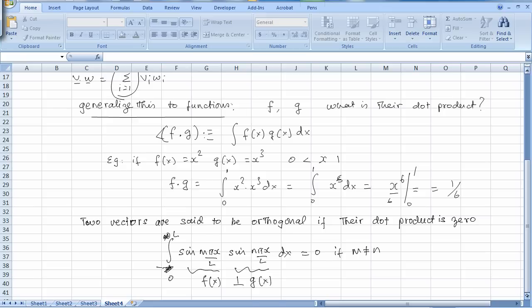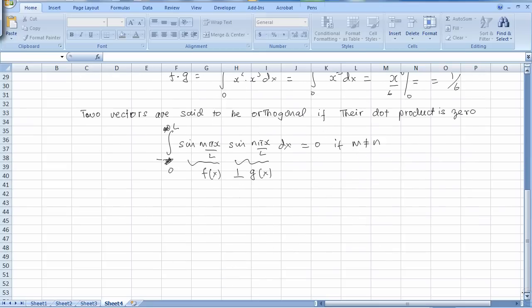Okay, and now we come to the core idea. This is called the fundamental lemma of variational calculus. It's important.